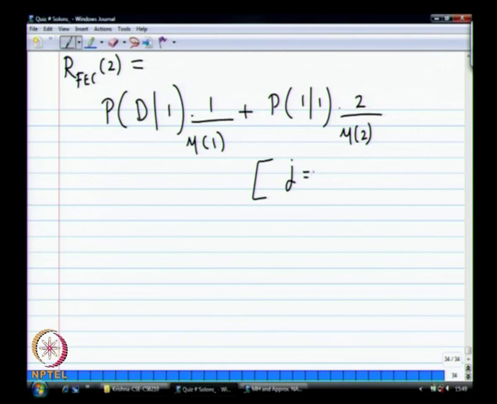So in this case J is either 1 or 2 and n equals 8.